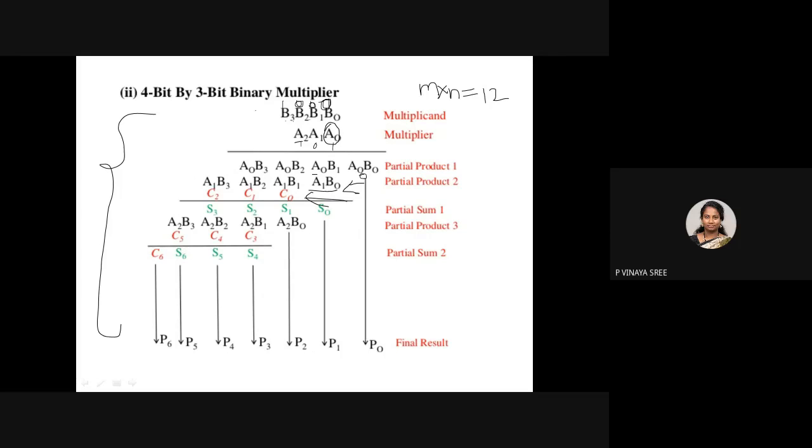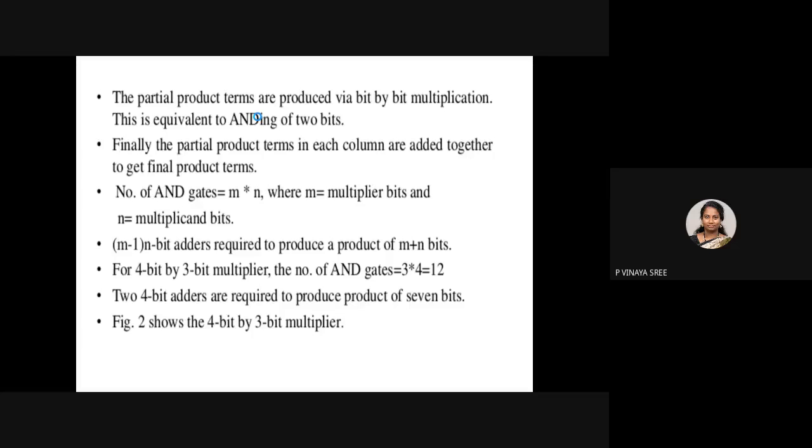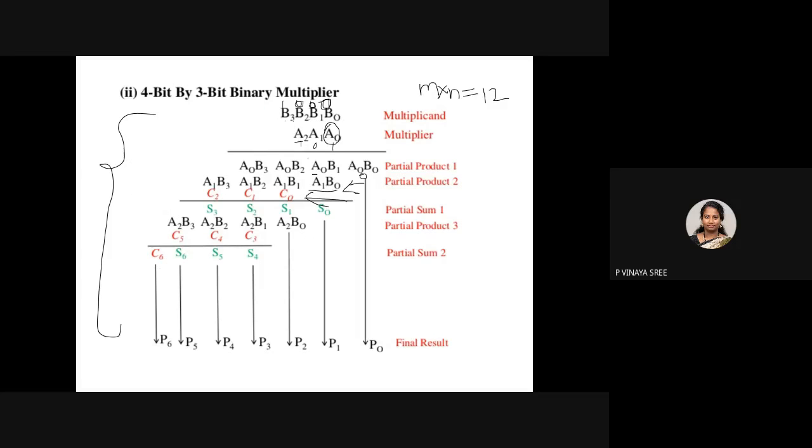Now how do we do it? How many bits are we summing? See here, concentrate on this diagram only. The first one we are giving as it is to P0. How many bits are there? The second has 4 bits: 1, 2, 3, 4.